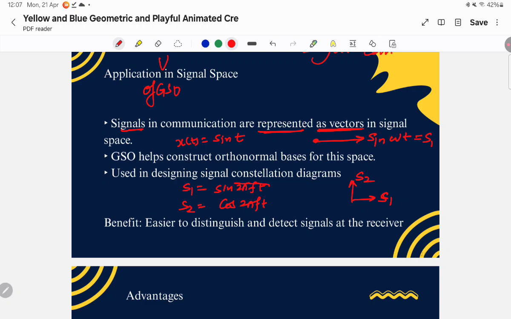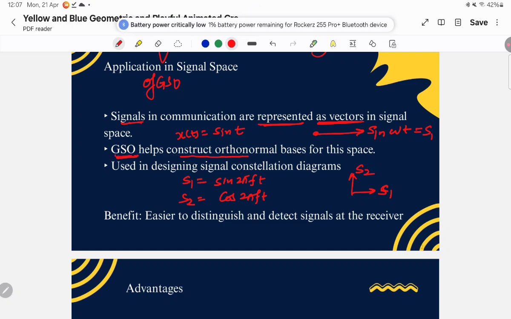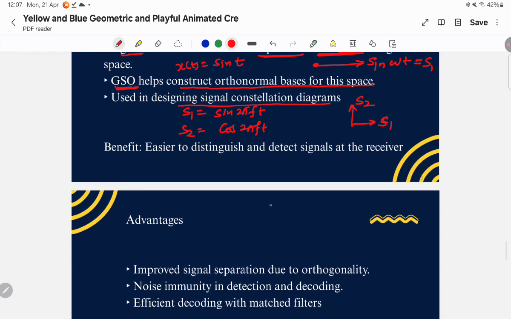Instead of writing this in an expression form, it will be represented as a vector, right? Also, we know that Gram-Schmidt orthogonalization helps to construct an orthonormal basis for the space, right? It also helps to design the signal constellation diagram. As we know, let's say we are dealing with QPSK.